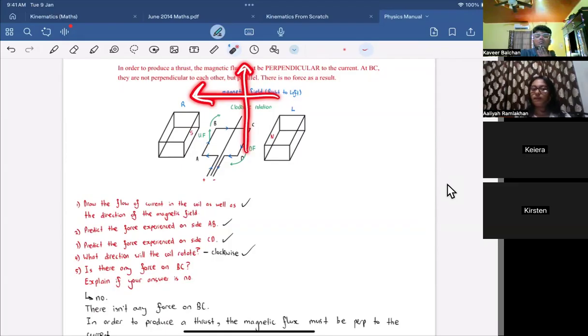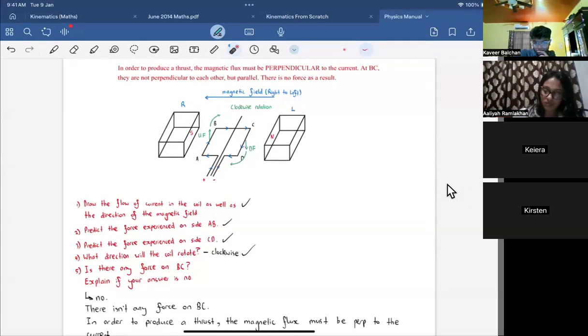Parallel, perpendicular? They are perpendicular to each other. So as such, you would have a force on AB. Let's look at this example. You have a magnetic field here and a current here. Perpendicular again, so you would have a force on DC.